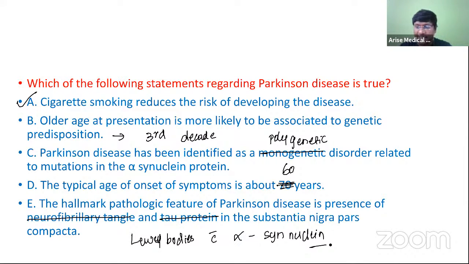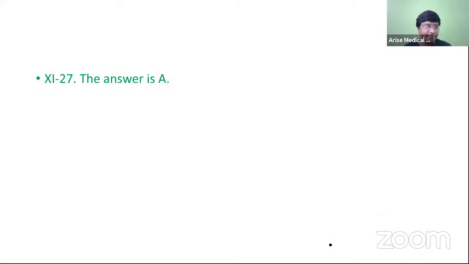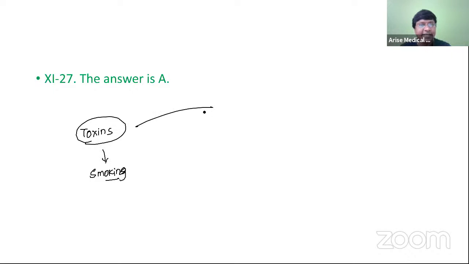Right. Now, yes, Arya Ajesh, why does smoking decrease the disease? See, it has not been explained anywhere clearly, but the toxins which are present in the smoking are found to neutralize the pathogenesis of Parkinsonism.